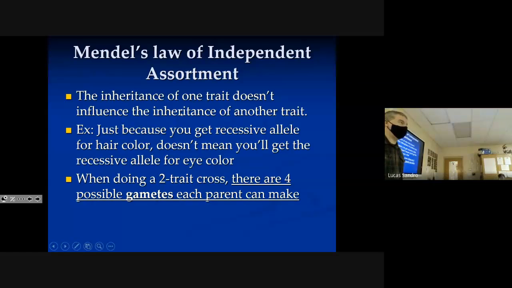How big is our Punnett square if there's 4 sperm and 4 eggs mom and dad can each make? Armani? 4 what? Well, it was 4 squares before, wasn't it? 2 by 2? So what is it now, Chris? 4 by 4, or 16 possible kids. That's what we're about to deal with, just so you know what's coming.